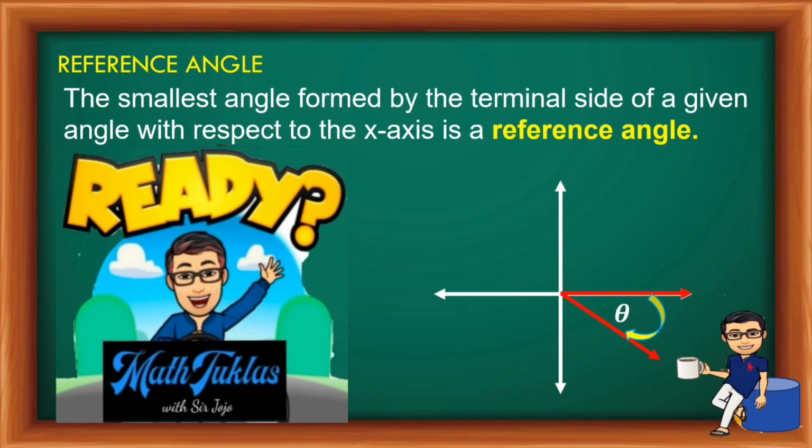Another thing na mapapansin natin sa mga angled form ay less than 90 degrees. So yun yung palatandaan na masasabi natin na ang angle ay reference angle. Kapag nag-greater na siya sa 90, hindi na siya reference angle. So make it a point that the angle is between 0 to 90 degrees. So yun yung tinatawag nating reference angle.